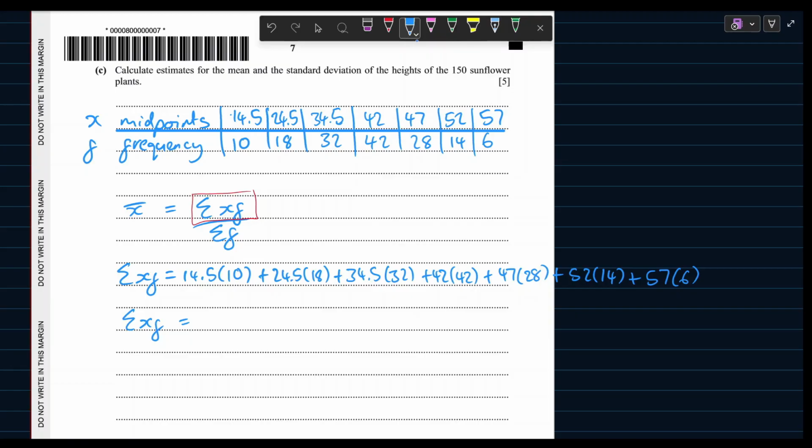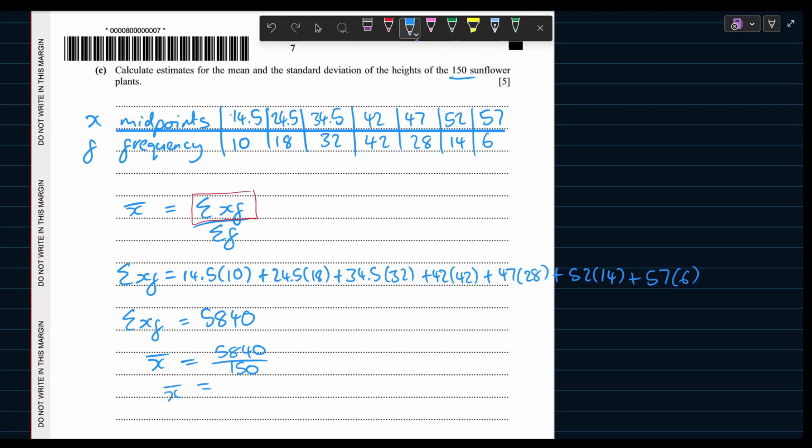This gives us 5,840. So our mean is going to be that 5,840 over our summation of f. We've got a total of 150 sunflowers.